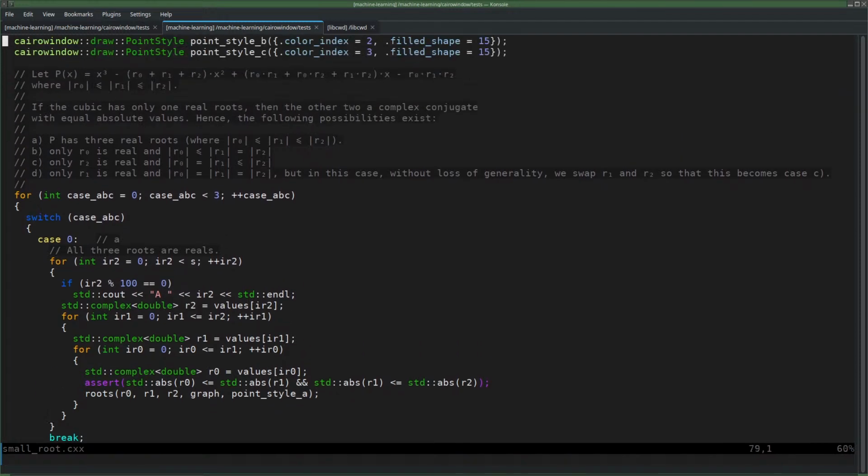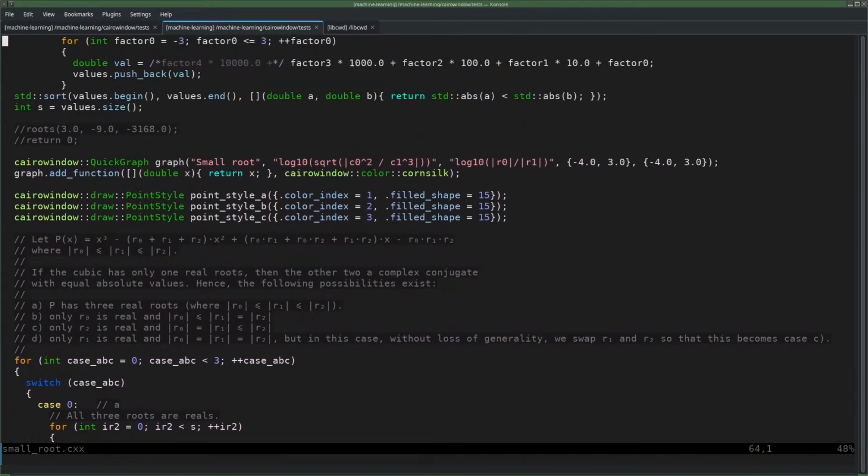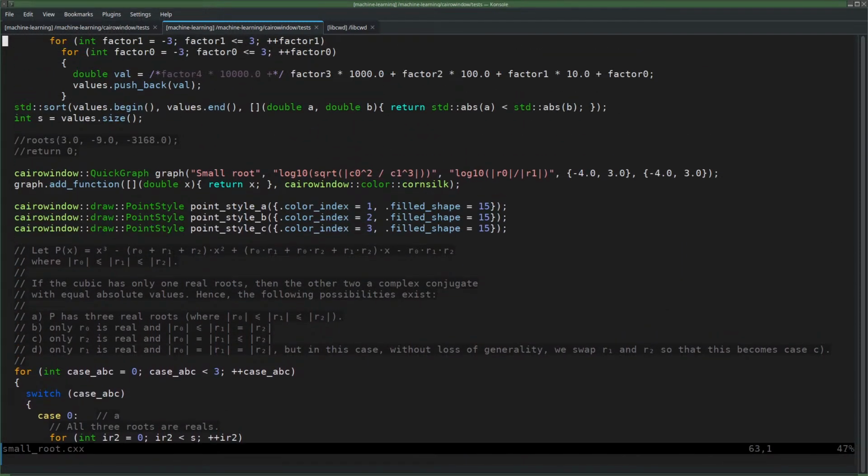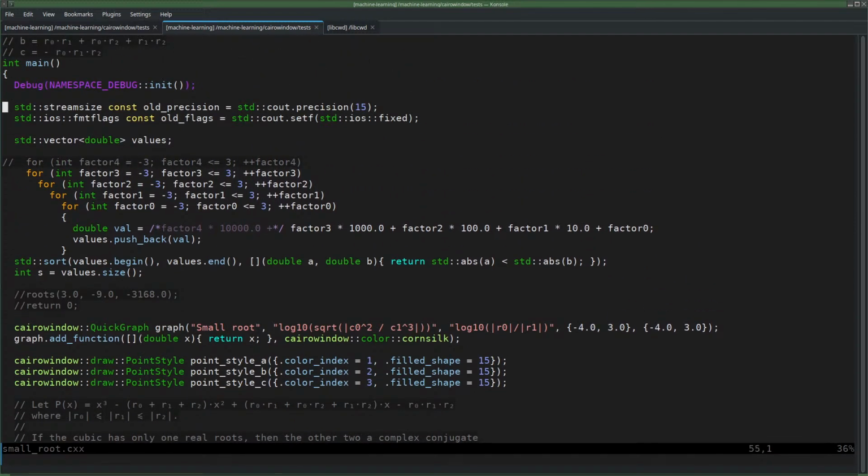And I'm saying that we reach the lower part of the graph if all roots are positive. So I don't want to store negative values anymore.